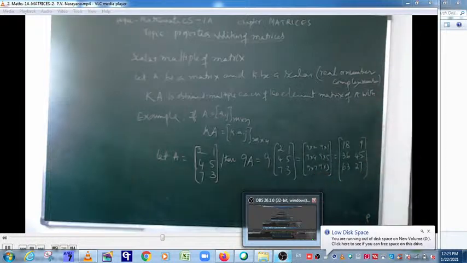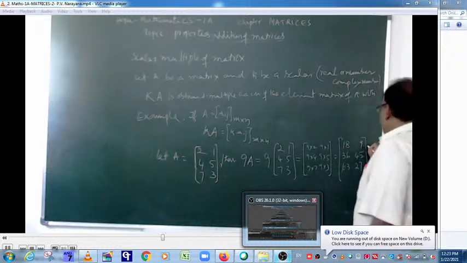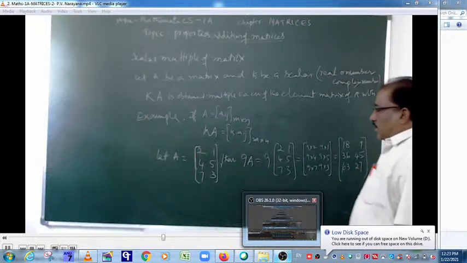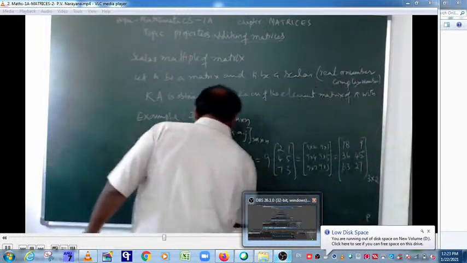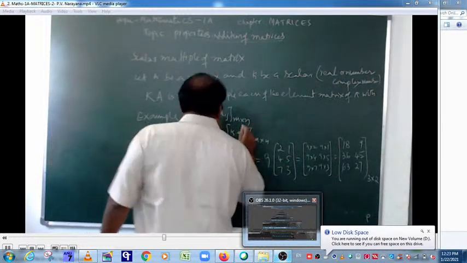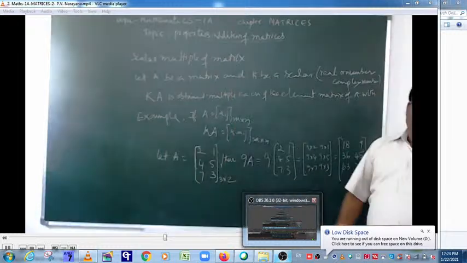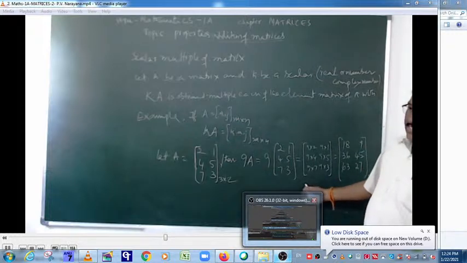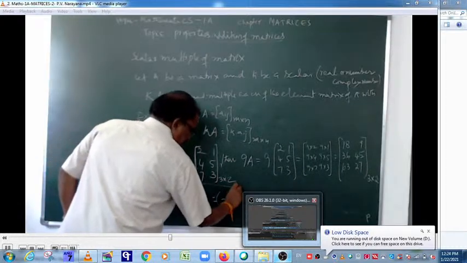What is the order of this resulting matrix 9A? This is 3 by 2. What is the order of the given matrix A? This is also 3 by 2. So, the order of the resulting matrix is the same as the given matrix A. This is the scalar multiplication of the matrix A.